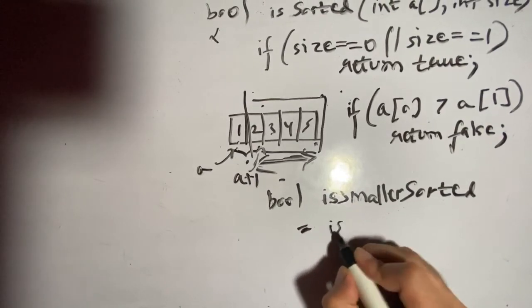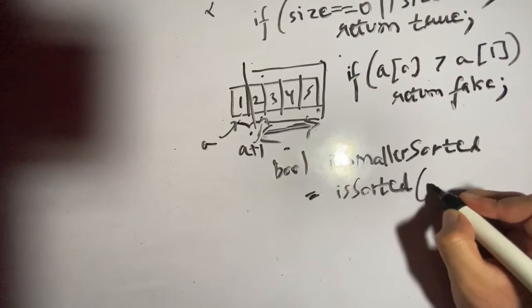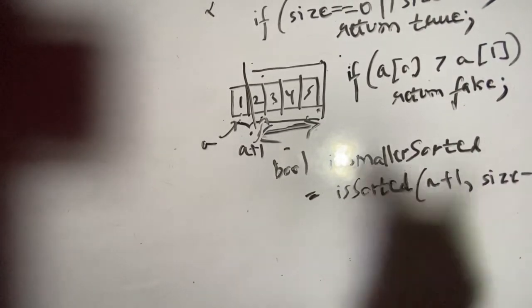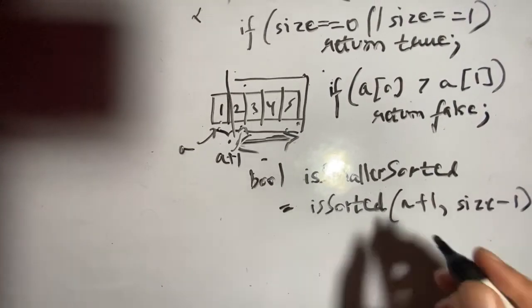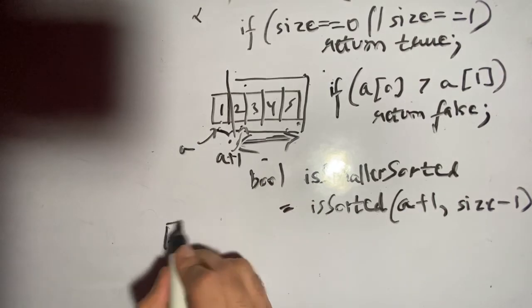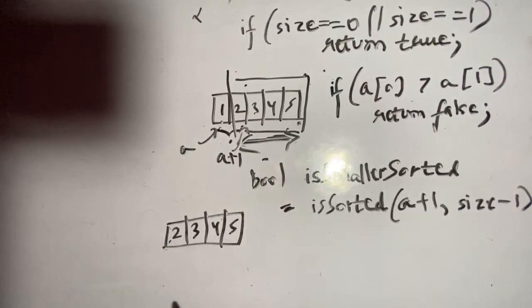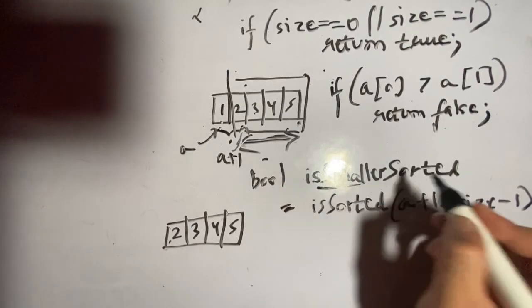We'll call isSorted, and instead of passing a, we'll now pass a plus 1 and size minus 1, right? A plus 1, this array is passed. That means this array is passed now: 2, 3, 4 and 5.